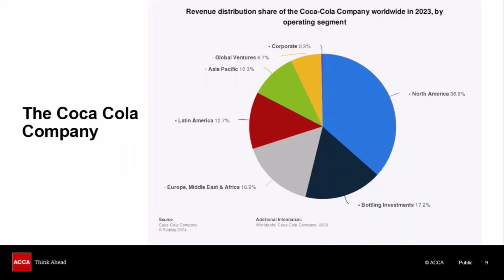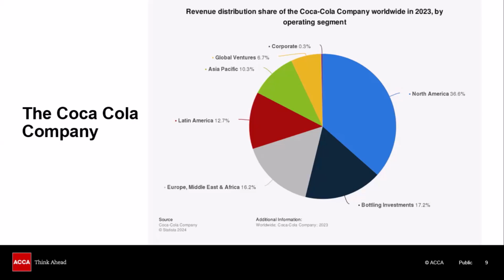Another practical example here, it's the Coca-Cola company. With the Coca-Cola company, I'm sure you're noticing some similarities with Apple company. They have geographical segmentation, Latin America, North America, and they have Europe, Middle East, and Africa. Remember that acronym, EMEA. That's what we have again here. This is a geographical segmentation.